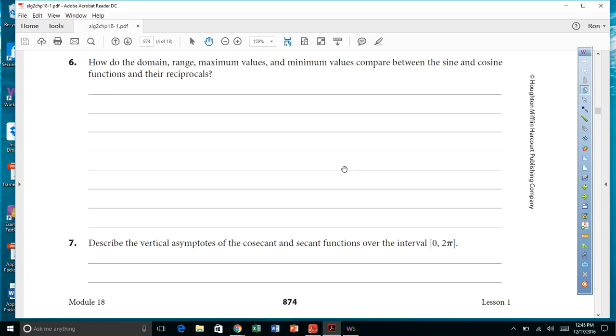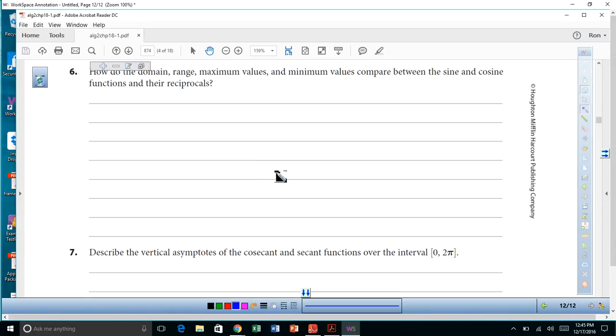How do the domain, range, maximum values and minimum values compare between the sine and cosine functions and their reciprocals? Well, the domains of the sine and cosine functions are different from the reciprocals. The sine and cosine have unrestricted domains.